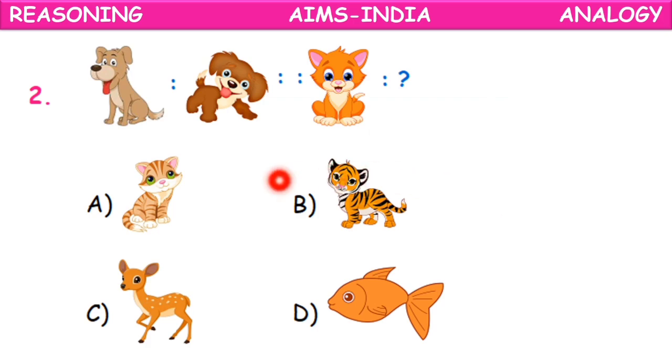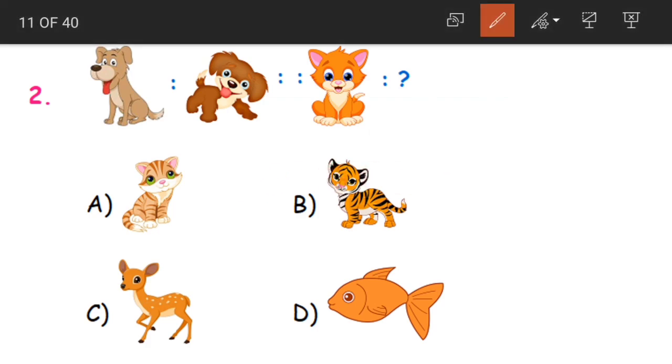Now coming to question 2, as you can see again we have dog is to puppy as cat is to dash. Again the first pair here is complete. What is the relationship that the first pair has? This is dog and this is the dog's child. Yes, children, that is our puppy.